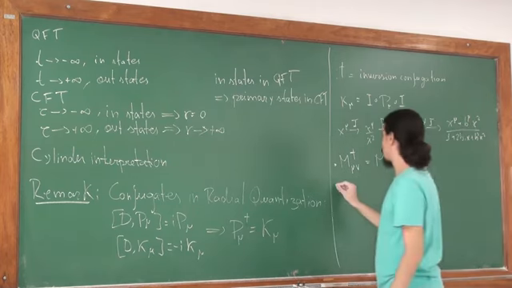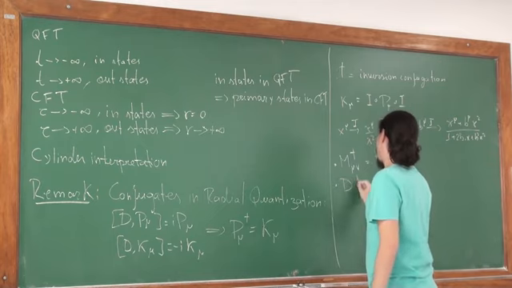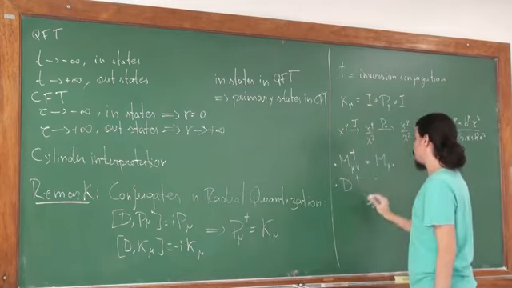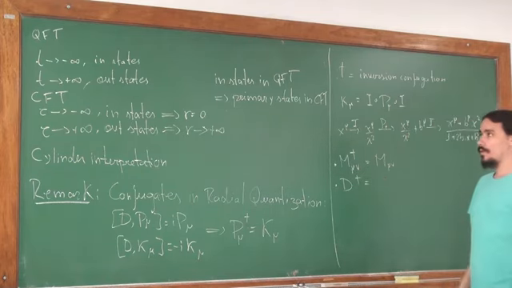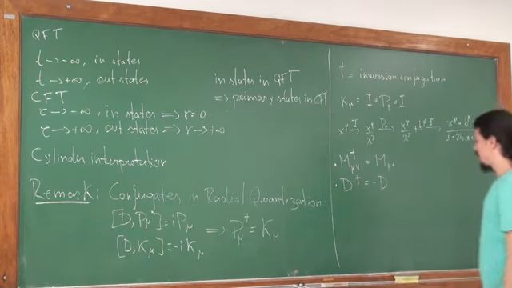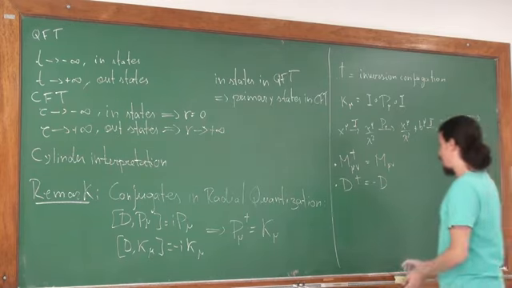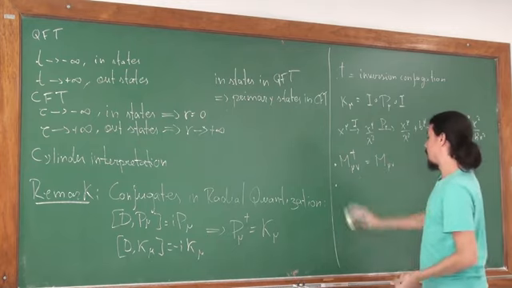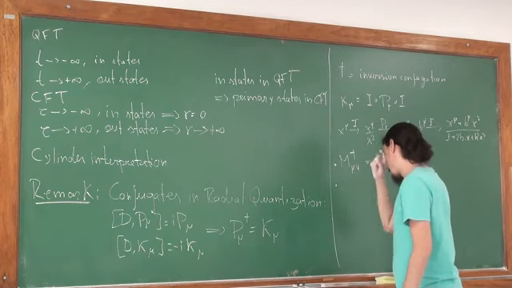If you do it with dilatations, it's probably a minus here, I guess, or something like that. You have to work out what actually happens to the generator.